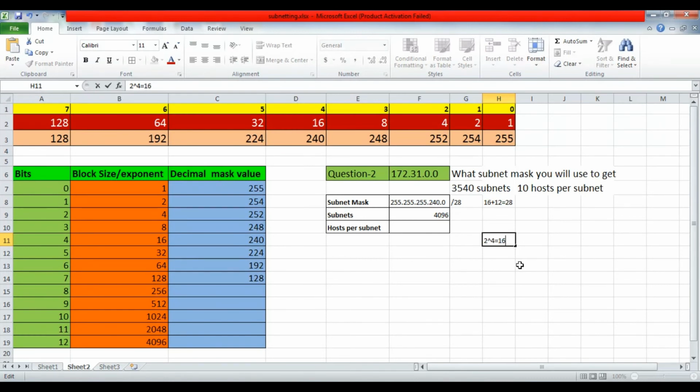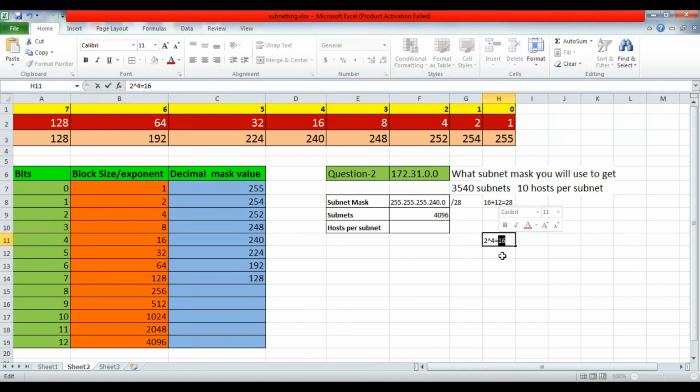We know that we cannot use all these 16 IP addresses for our host IPs, because the first IP address will be reserved for the network ID and the last IP address will be reserved for the broadcast ID.